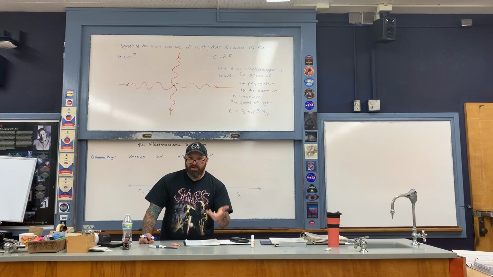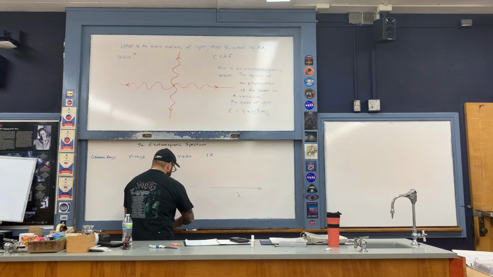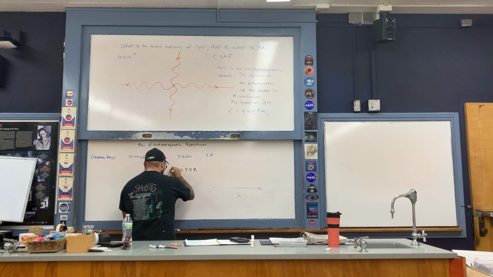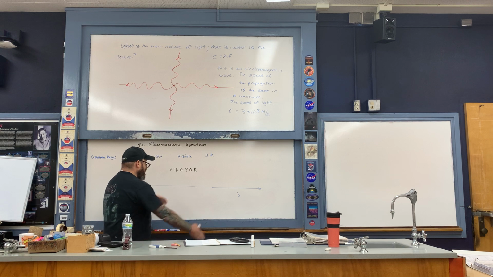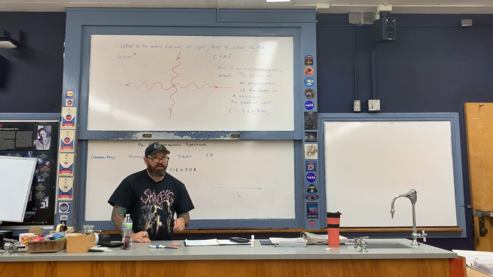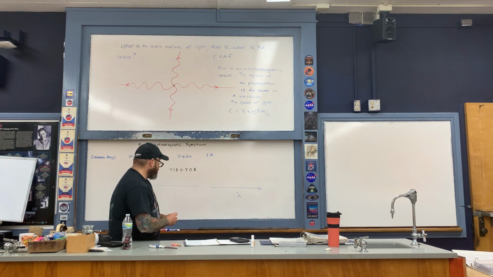The Roy G. Biv on this diagram, however, is backwards. It's like so. Roy G. Biv. R for red, O for orange, Y for yellow, G for green, B for blue, I for indigo, V for violet. Once again, the window of the electromagnetic spectrum that we can actually see is only a few hundred nanometers wide.